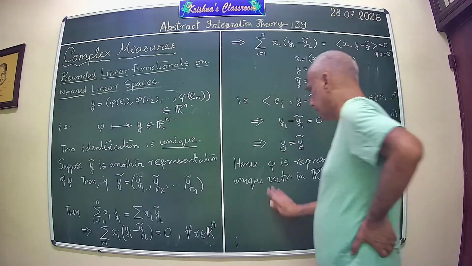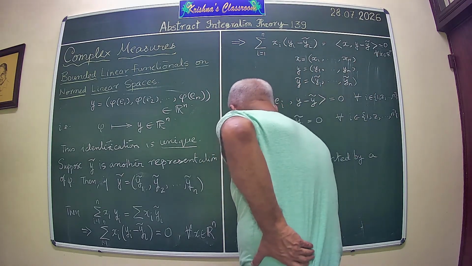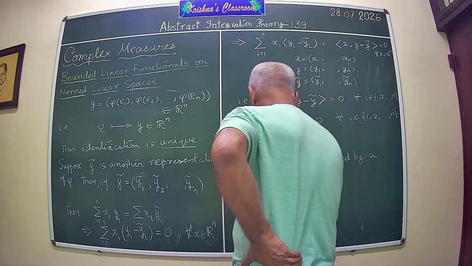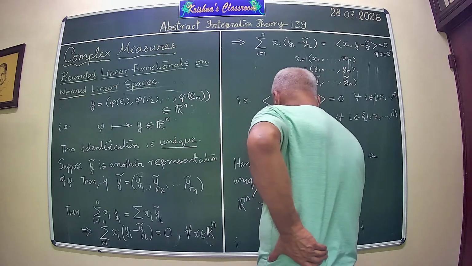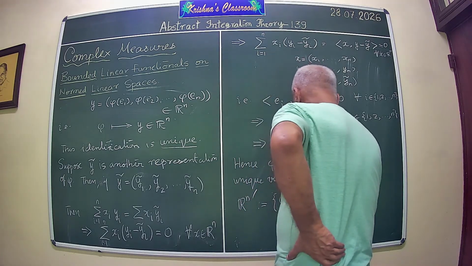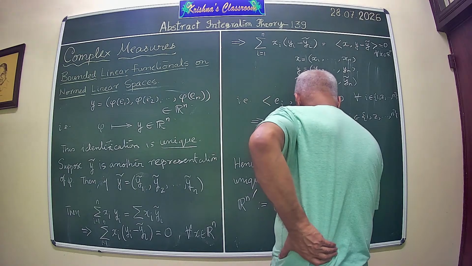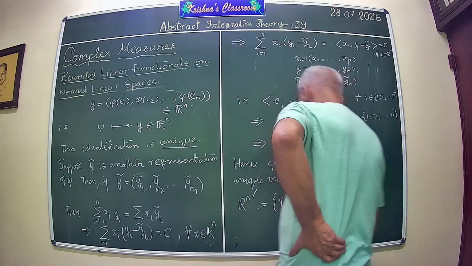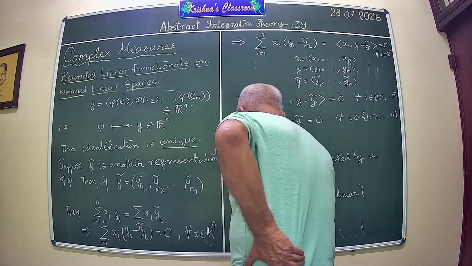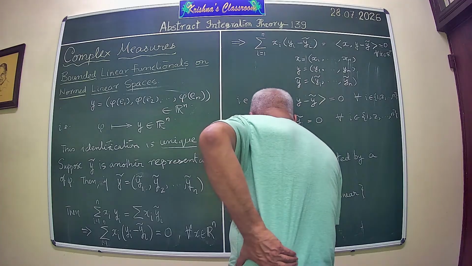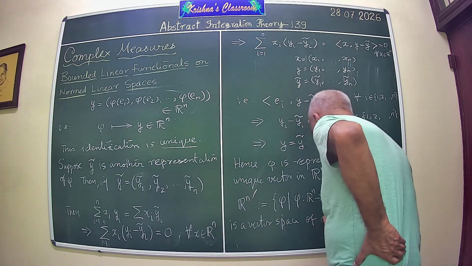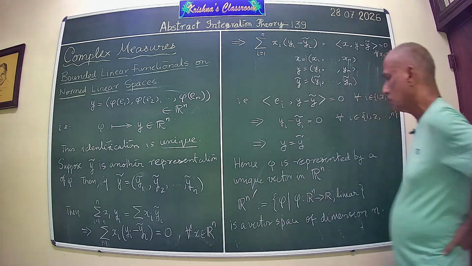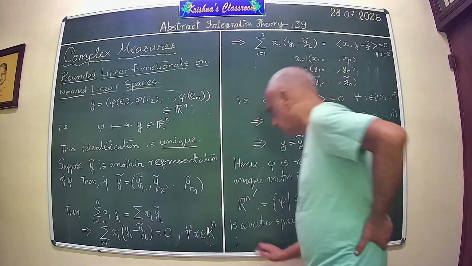In fact, we designate the set of all linear functions on Rn, which is a vector space of dimension n. So this is what is called the dual space.